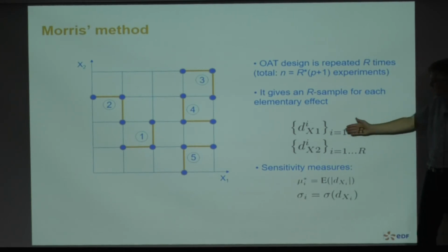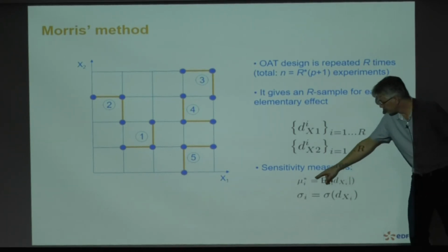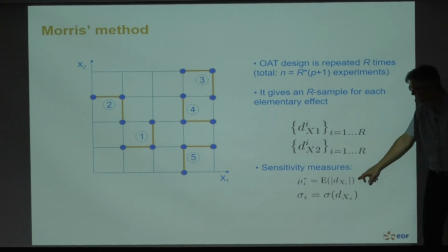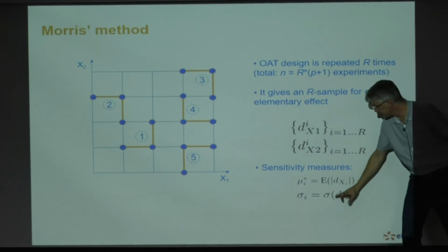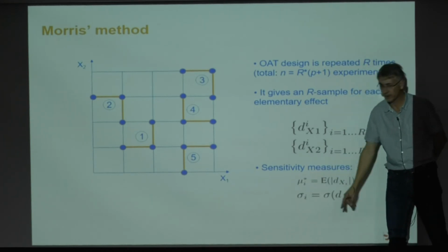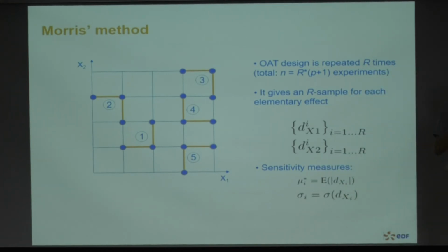So I have a sample of r points, and we define some sensitivity measures. So mu star is the expectation of the absolute value of the elementary effect, and sigma is the standard deviation of the elementary effect, with index i here, of course, because we summarize the elementary effects for each variable.